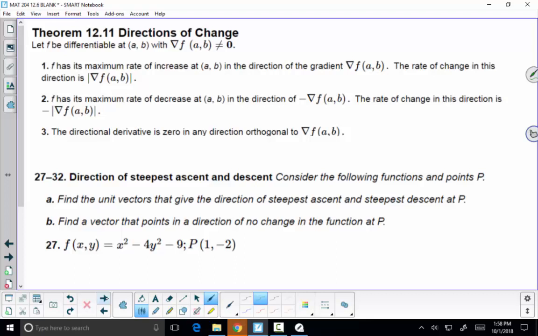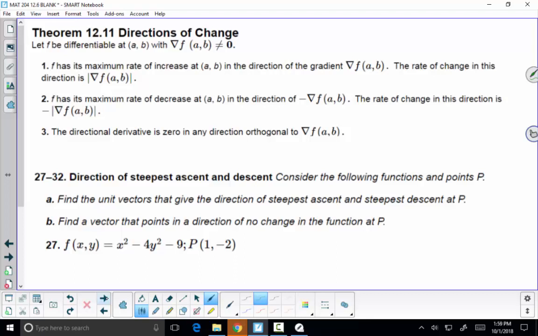But there's one other feature of a surface we've talked about that has to do with constant function values. Traces? It's like a trace, we call them level curves. A trace is a specific intersection of a surface with a coordinate plane. Right. But the level curves are the curves of constant height, the curves of constant function value.